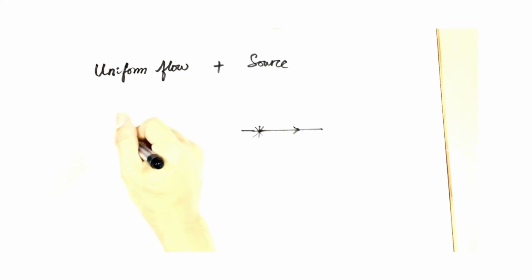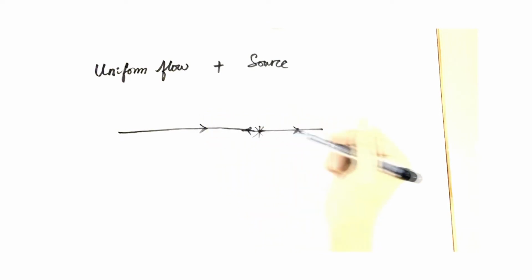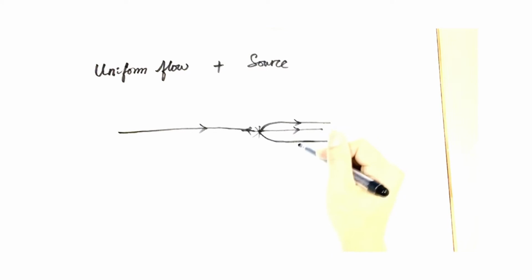At the left side of the source, the flow converges with the uniform flow. The remaining flow coming out of the source will go towards the right due to the effects of the uniform flow.